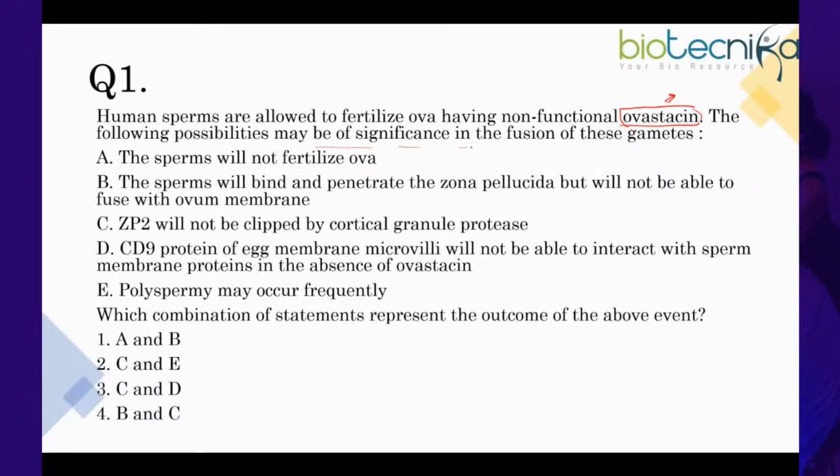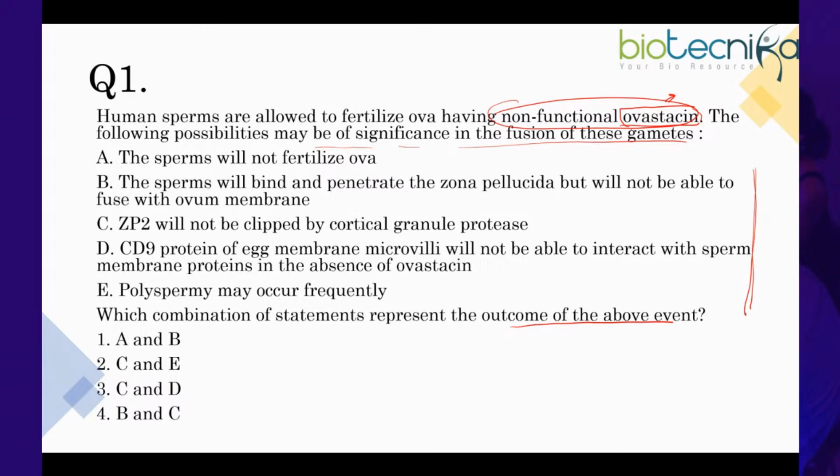The following possibilities may be of significance in the fusion of these gametes, that is the sperm and the egg, the male gamete and the female gamete. Which combination of statements represents the outcome of the above event? You have to answer whether the statements are true or false, keeping in mind that the ovastatin is non-functional. Okay, ovastatin doesn't work properly.